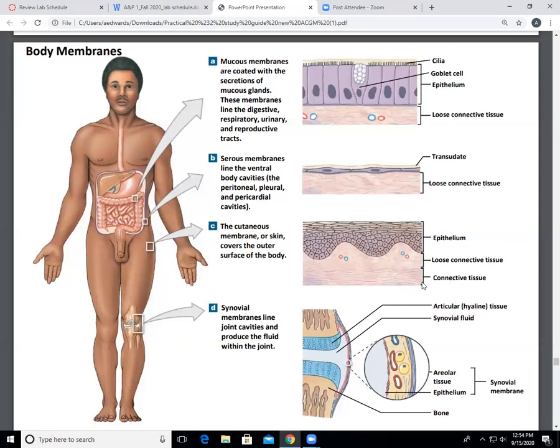All right, you also have synovial membranes. And they line joint cavities, produce synovial fluid in your joints. So they line joint cavities and produce synovial fluid.